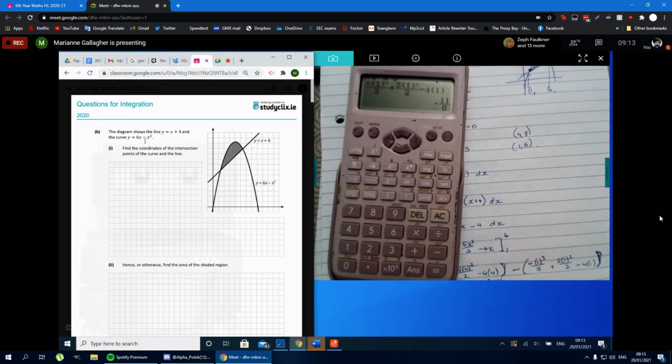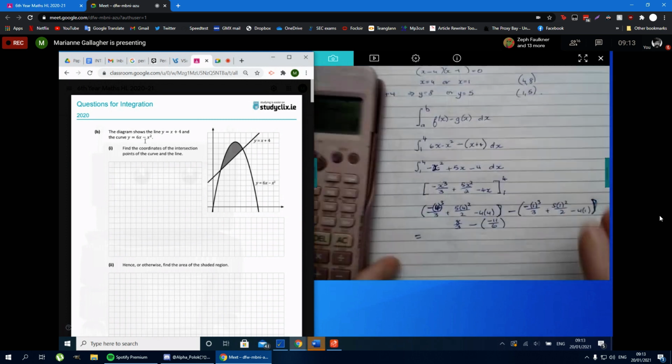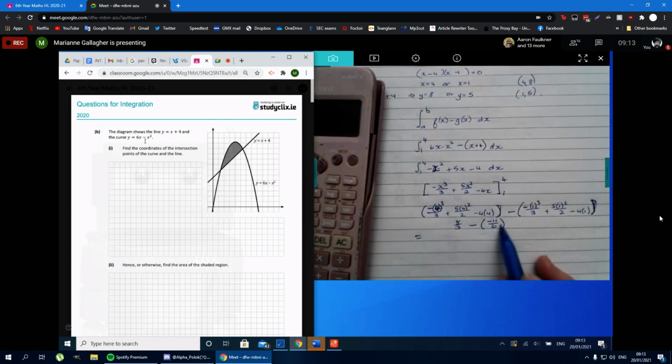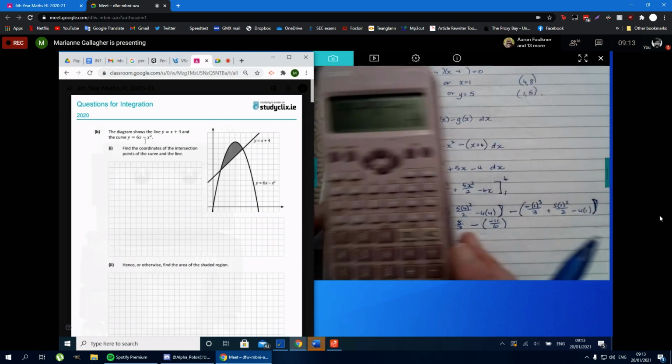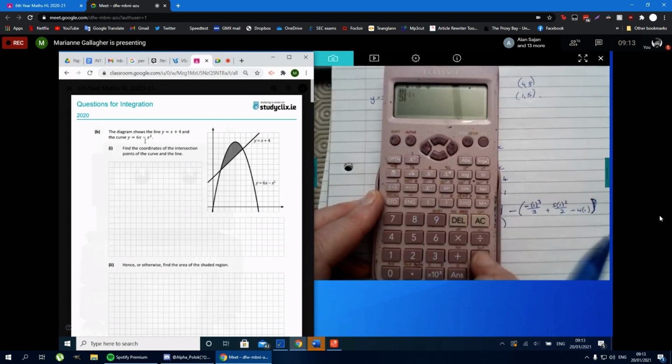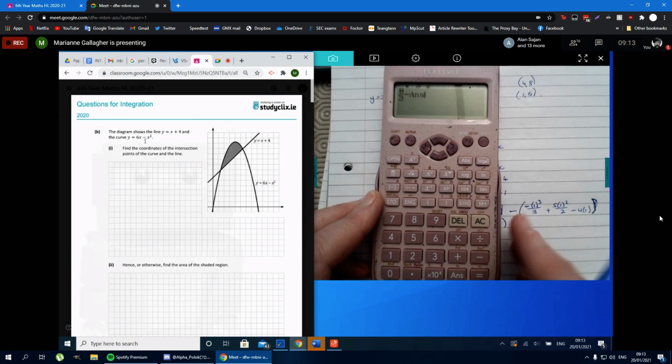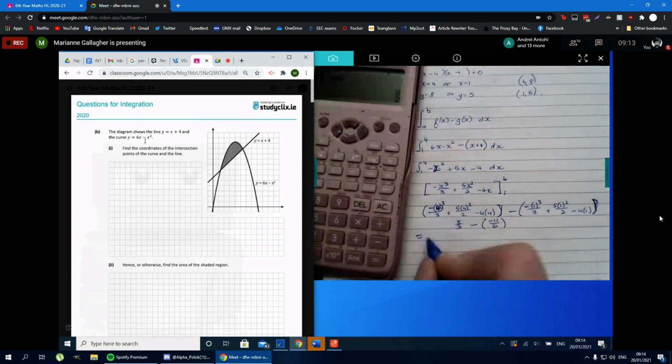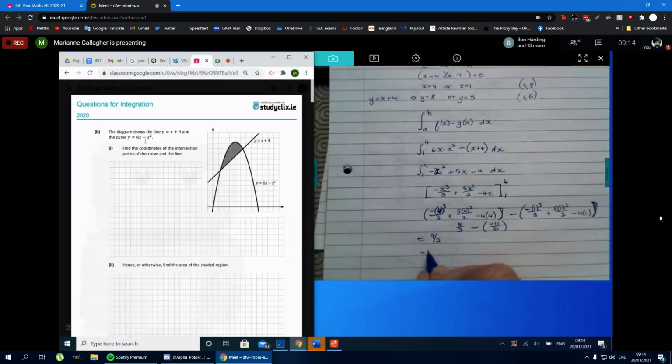Don't forget, that's inside a bracket, so it's minus negative 11 over 6. Then I'm just going to do 8 over 3 minus my answer, the negative 11 over 6, and that gives me 9 over 2. You can leave it like that, or you can say that's 4.5.